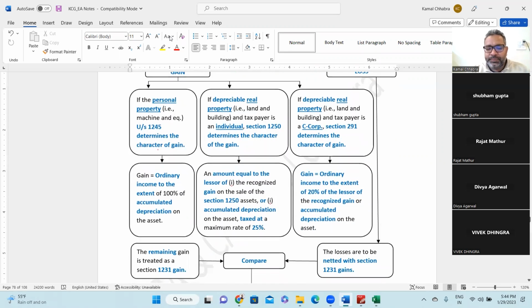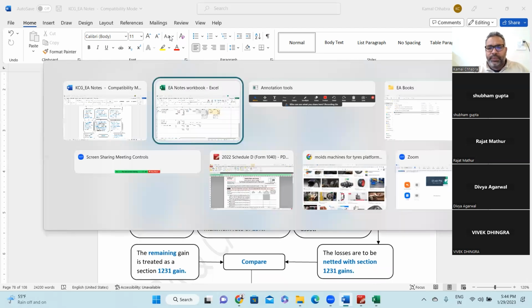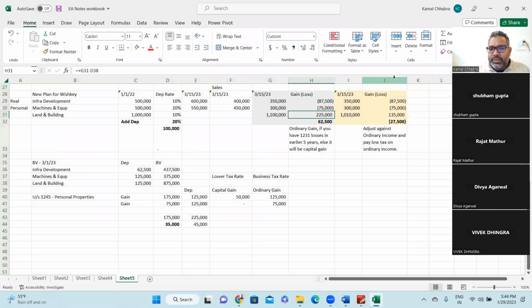No. For example, very good point, Sachin ji. Let's assume you have a position in 2022 and this is your position in 2023. Let's assume these are the 2 financial years. In the previous year you have a net loss position of 27,500. Now in this year you have generated a net gain of 62,500, right?